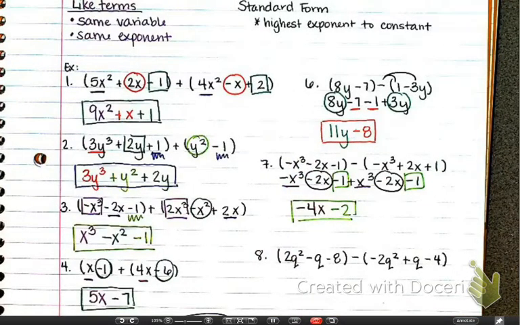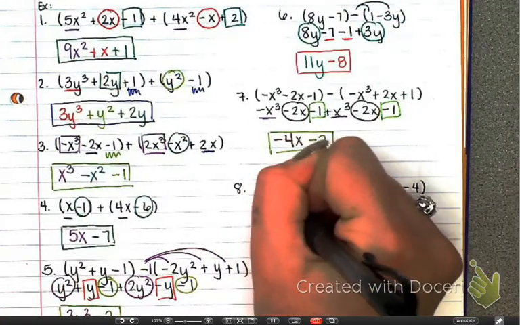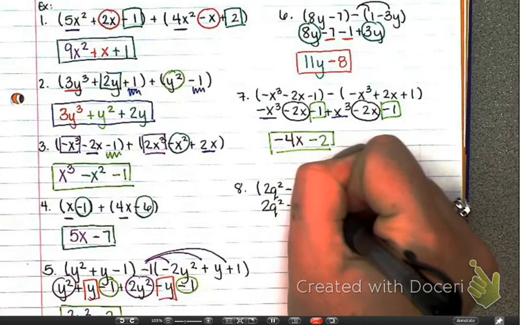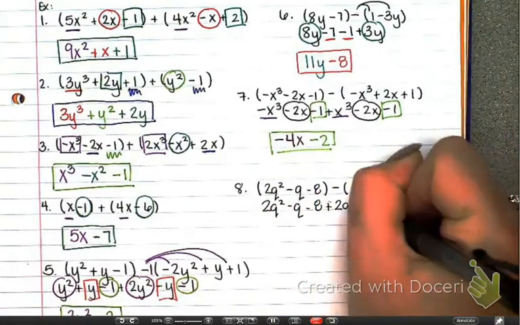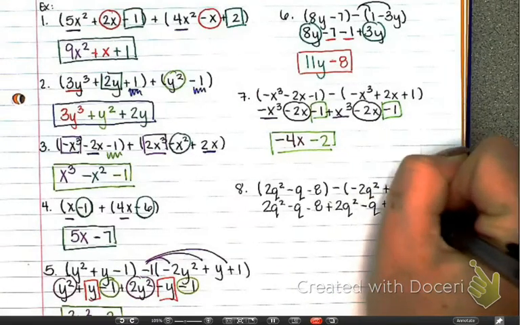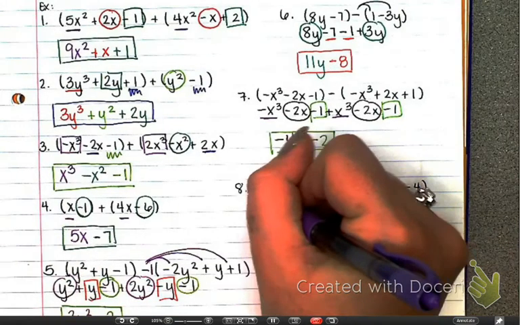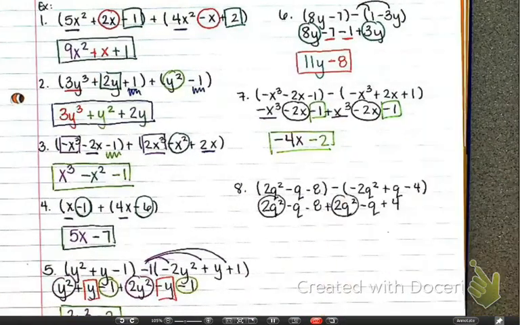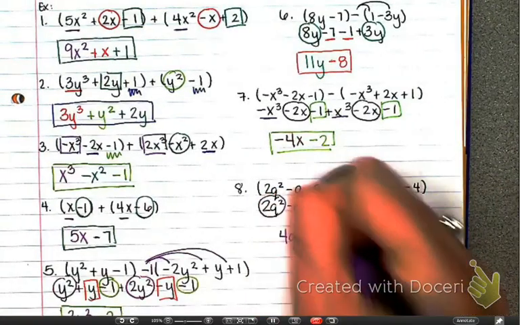How do we do on that one? Pretty good. All right, last one. 2q squared minus q minus 8. And when I distribute, I get a positive 2q squared, a negative q, and a positive 4. Highest exponent squared. So 2q squared plus 2q squared is 4q squared.